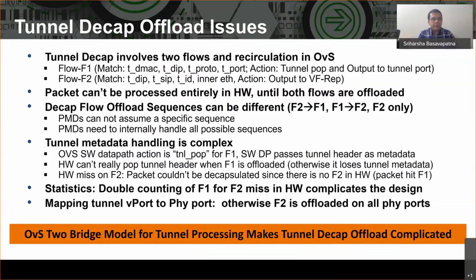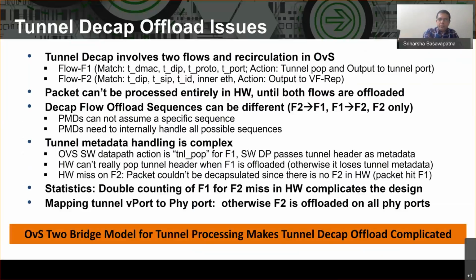So if there's a hardware miss on F2, and the packet is already decapsulated, we need to punt it to OVS for software data path handling. But if you have already popped the tunnel header, then OVS won't be able to process it. So that's one of the challenges.